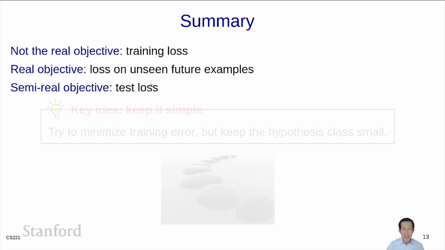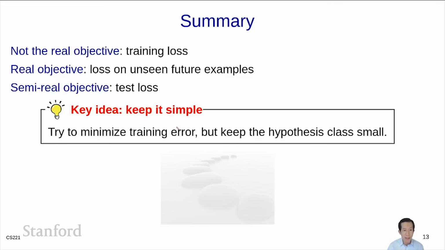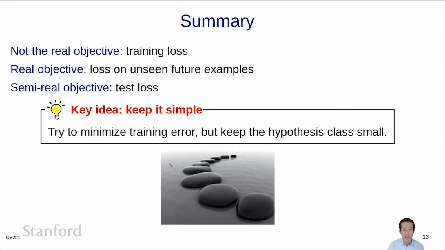Then we studied approximation and estimation error as a way to understand generalization. And it's always just going to be a balancing act between fitting the training error and not letting your hypothesis class grow too big. And the mantra to end with is perhaps just keep it simple.